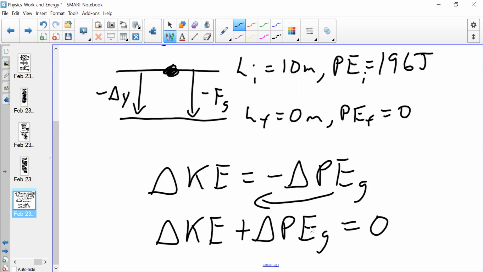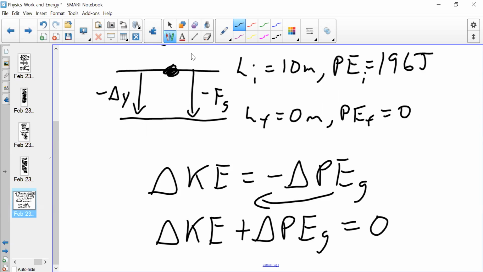So basically, mathematically it states that the change of kinetic energy plus the change of gravitational potential energy is equal to 0. That means that the sum of these changes is equal to 0, which directly translates into the energy between any two points in a closed system being conserved.